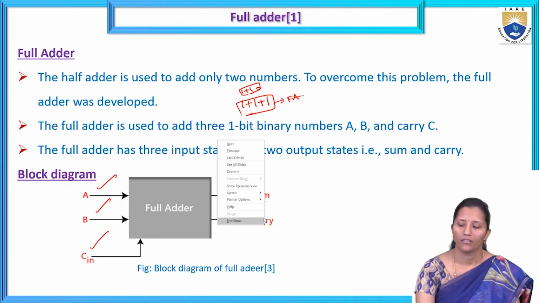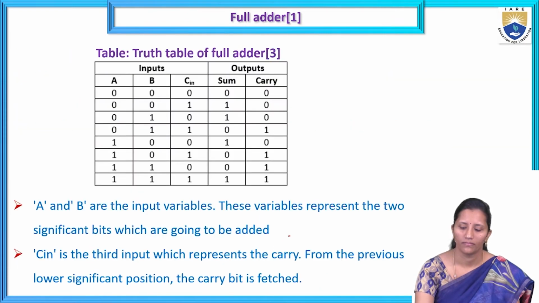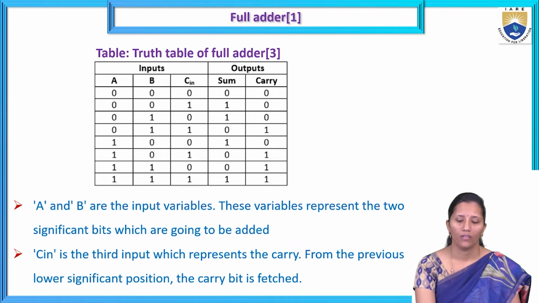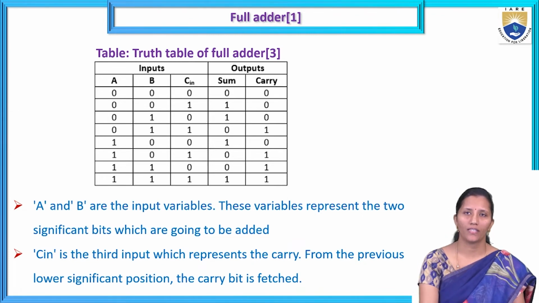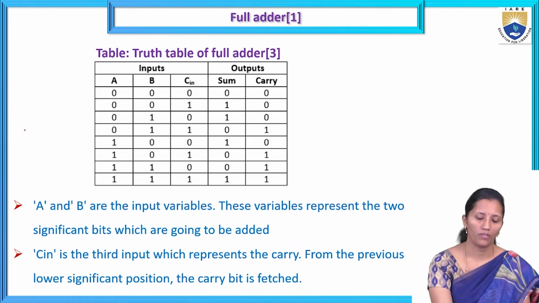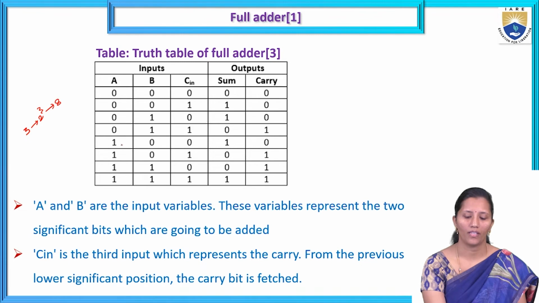The truth table for the full adder is here. We have 3 inputs, so for 3 inputs, we will get 8 combinations: 000, 001, 010, 011, 100, 101, 110, 111.